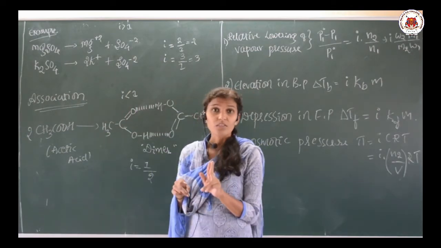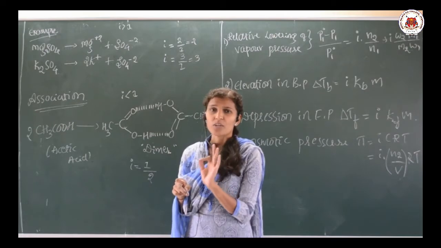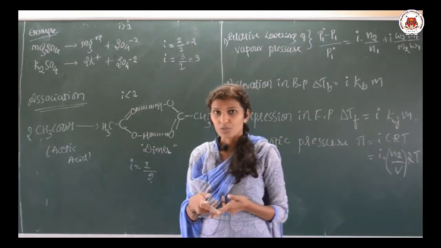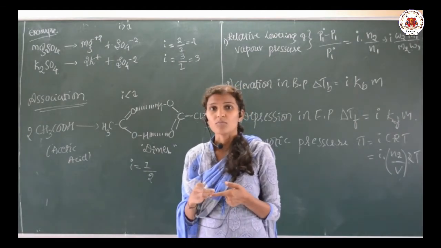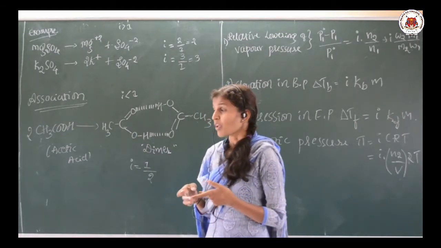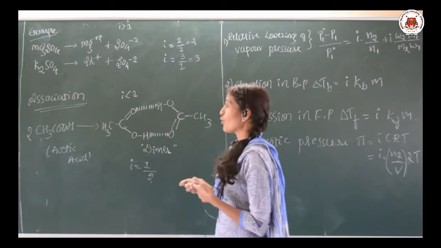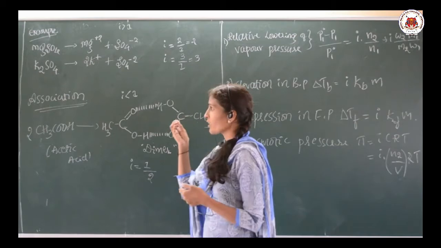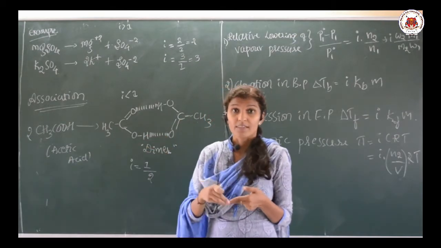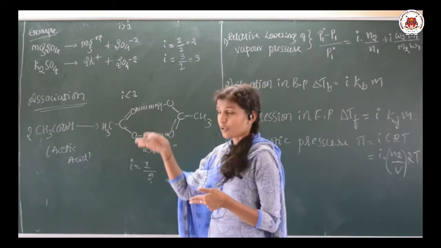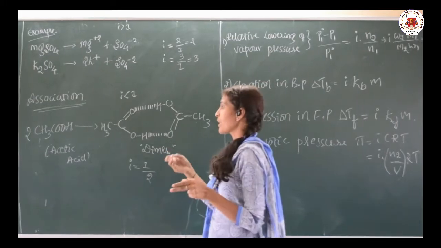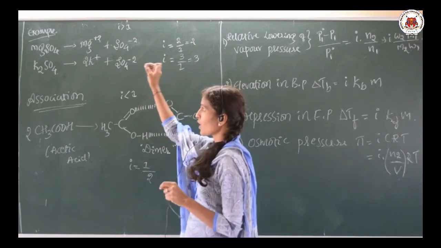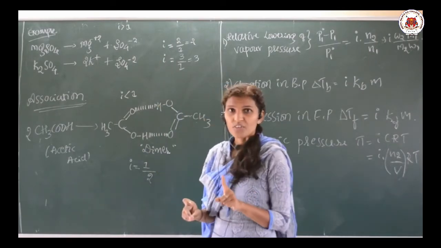Always, the Van't Hoff factor i is very important, and they may ask you the definition of the Van't Hoff factor, what the Van't Hoff factor accounts for, what the value of the Van't Hoff factor is for association, what it is for dissociation, or else calculate the Van't Hoff factor for K2SO4, or for the acetic acid. Like this, questions will be covered on this concept, which carries 1 mark.